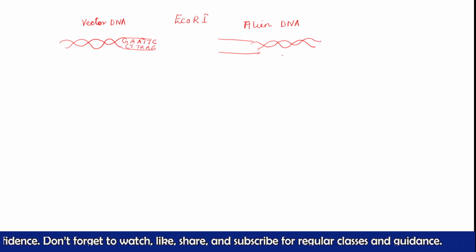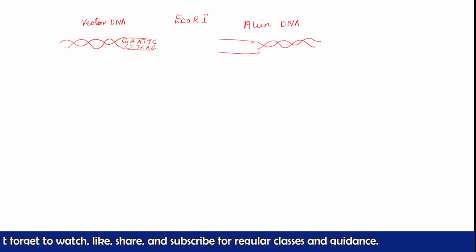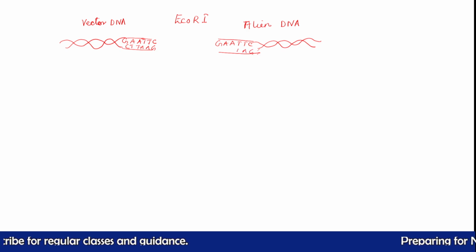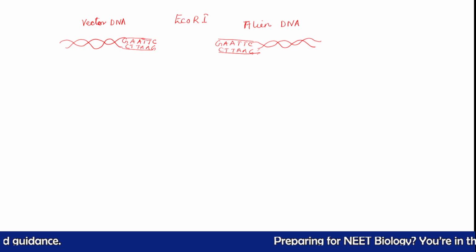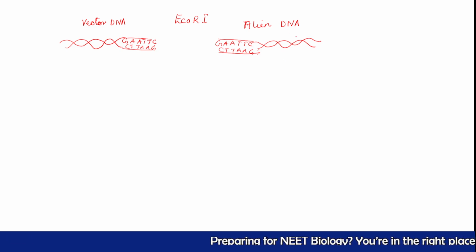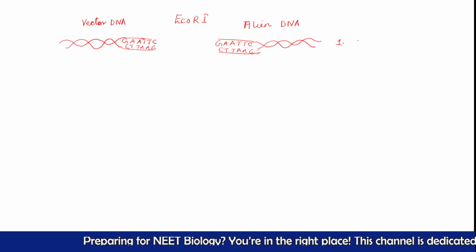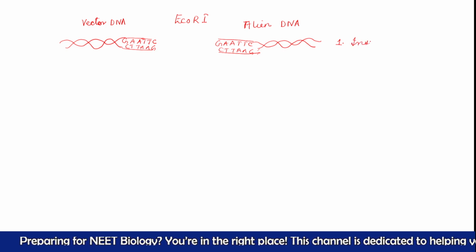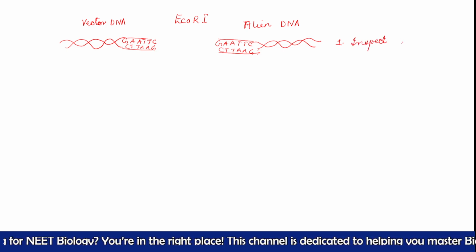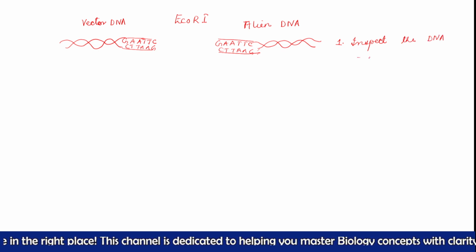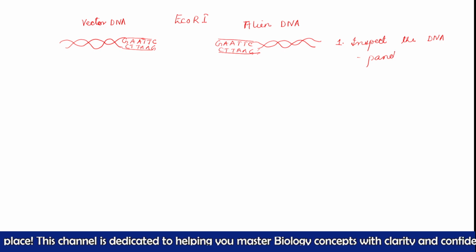And alien DNA also should have the same palindromic sequence, GAATTC. So the very first step in the mechanism is that the restriction enzyme inspects the DNA and finds the palindromic sequence.